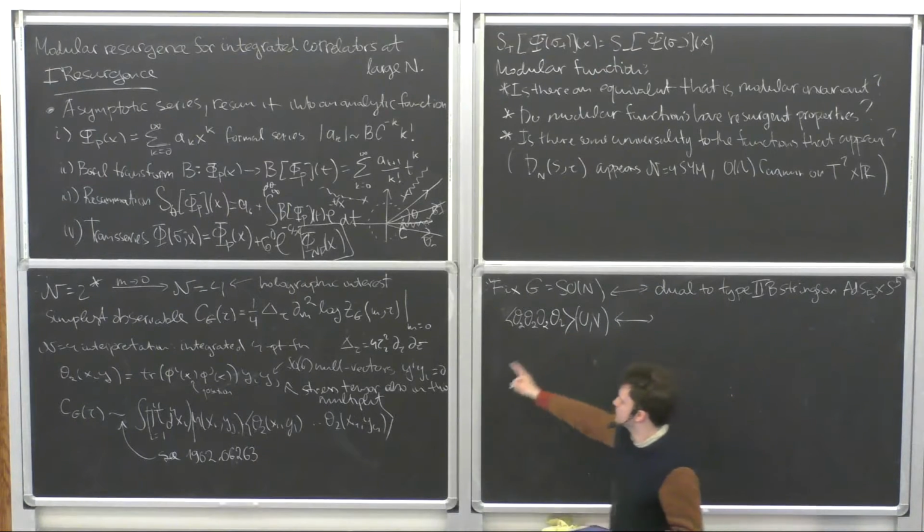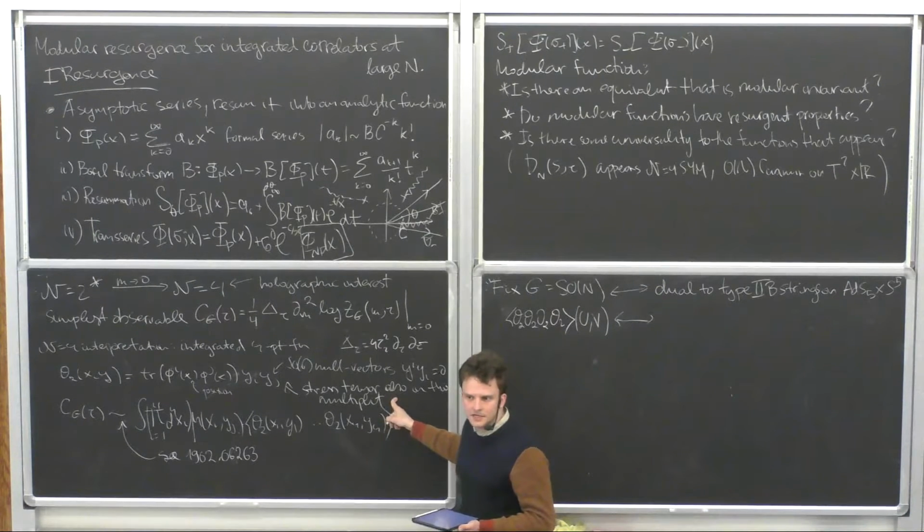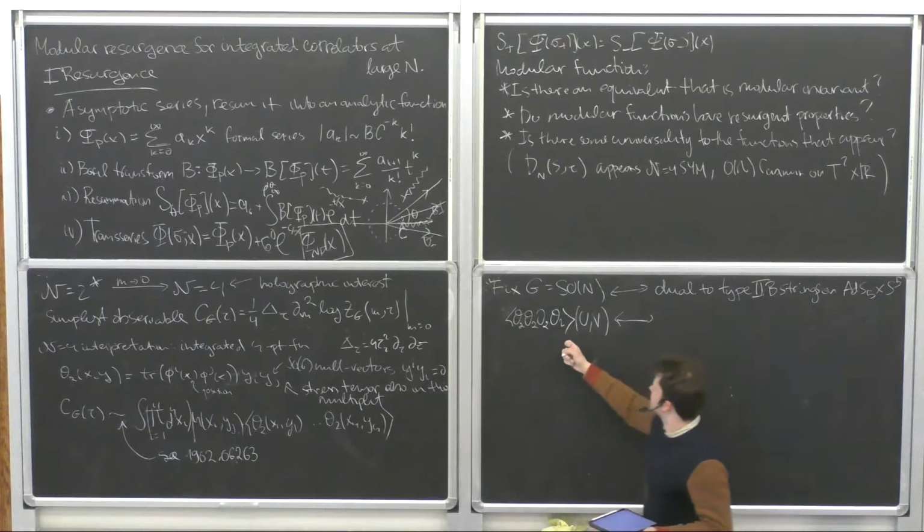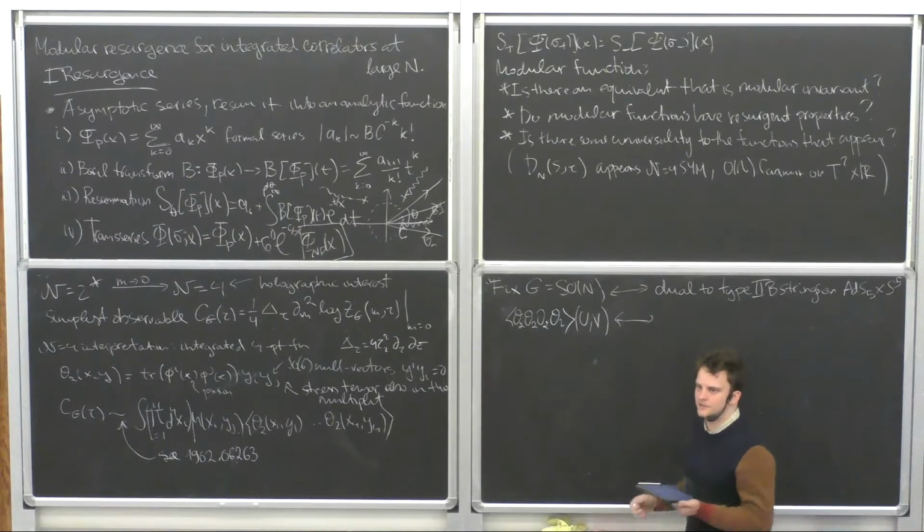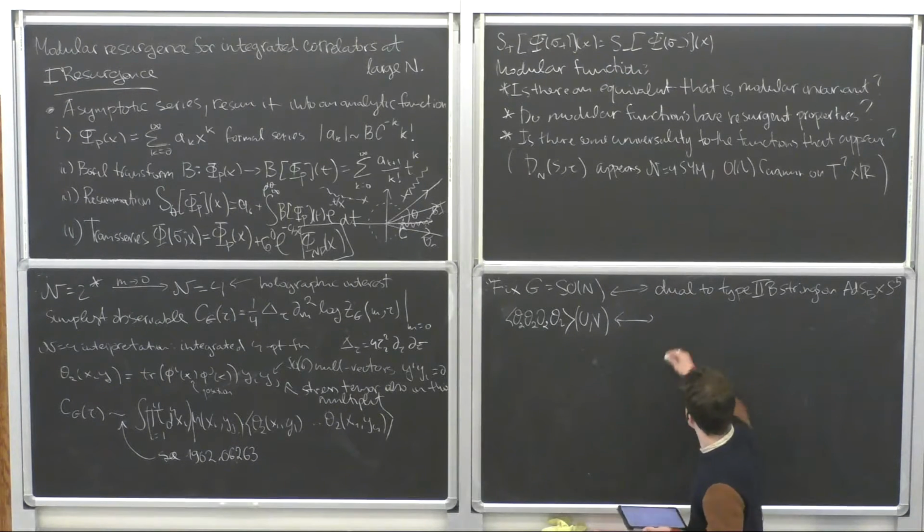And remember, the stress tensor lies in the supermultiplet. And the stress tensor on the boundary theory famously generates gravitons.